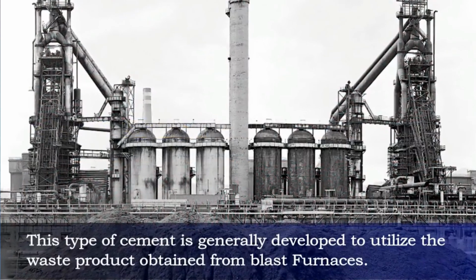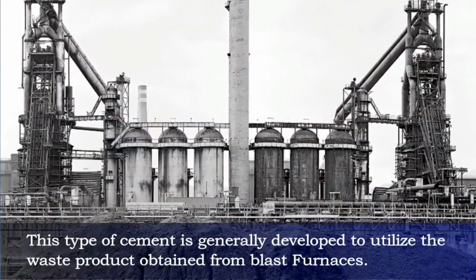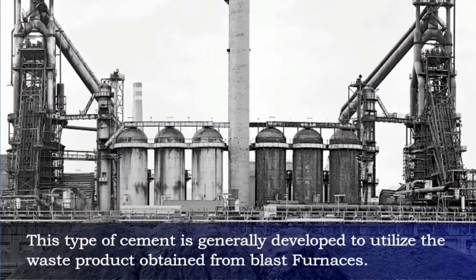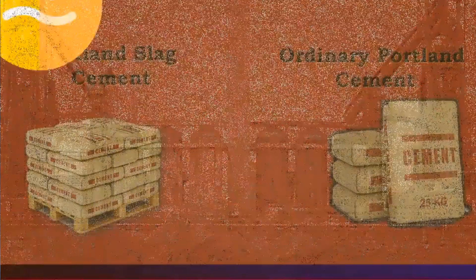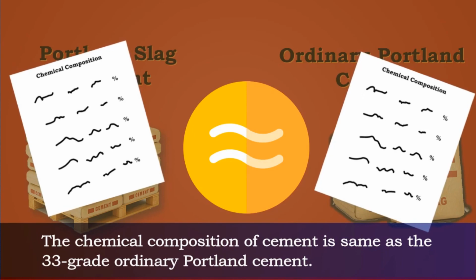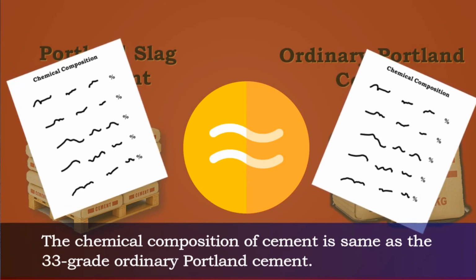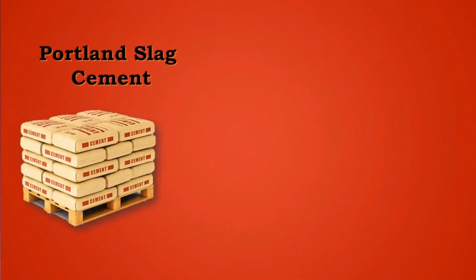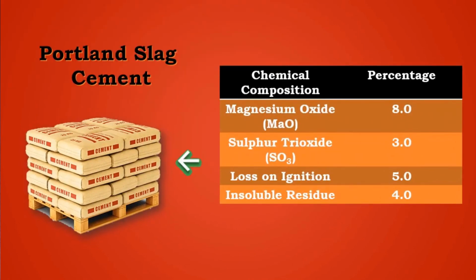This type of cement is generally developed to utilize the waste product obtained from blast furnaces. The chemical composition of cement is same as the 33 grade ordinary Portland cement, but should satisfy the following requirements.